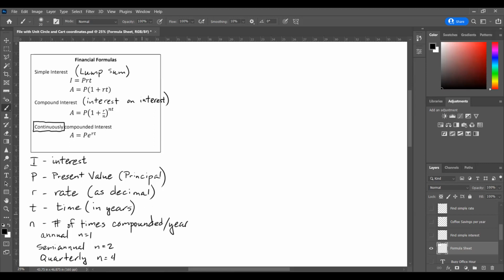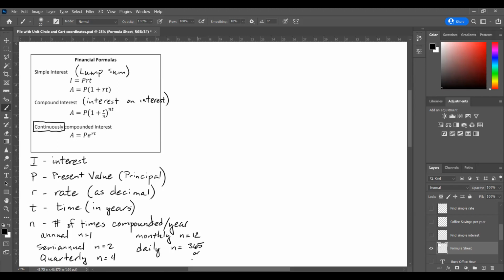Or they might say every 3 months. If it's monthly, then N equals 12 because there are 12 months in a year. So that would happen 12 times. Daily, then N will equal 365.